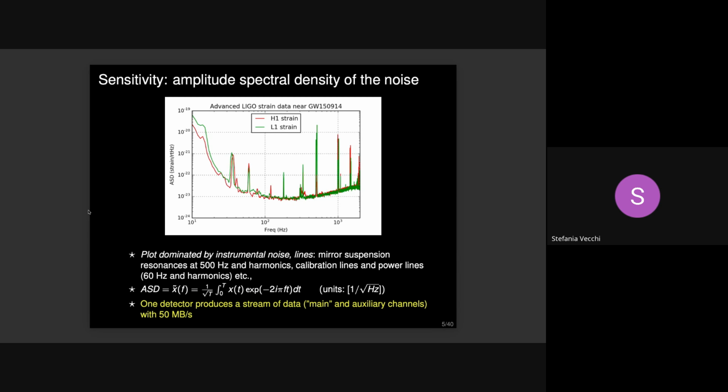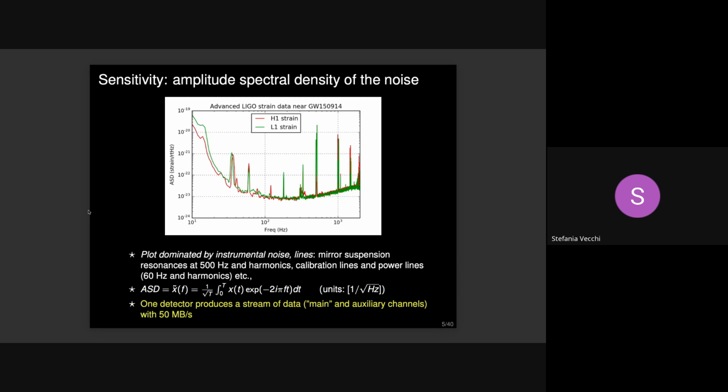Here I wanted to show you that the spectrum is not very pretty when you look at it, because it contains a lot of lines and little spikes. These are related, for example, to electric mains in the US, which is 60 hertz and harmonics, and also to calibration lines or suspension lines, because those free falling apples that I showed you before actually are not really free falling.